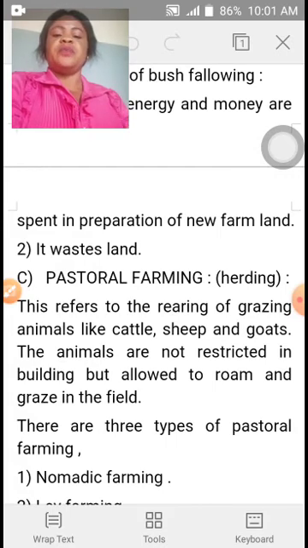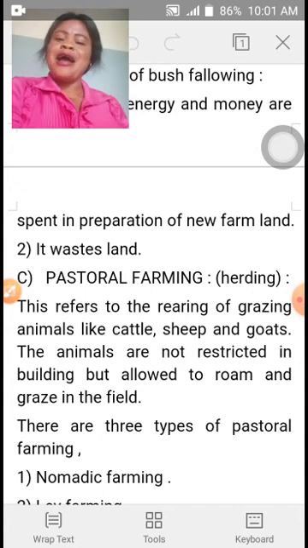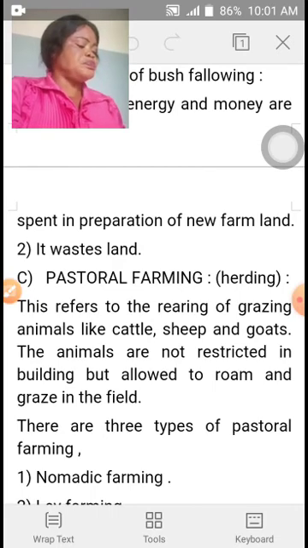That is what pastoral farming is. Now, we have three types of pastoral farming. Number one is nomadic farming.